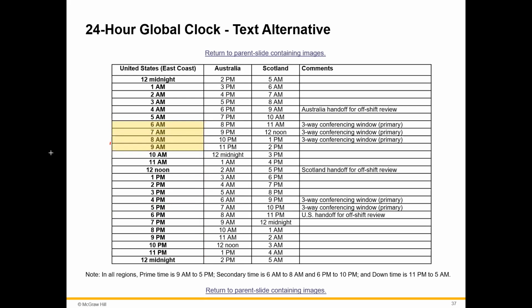Then by 9 o'clock, I would be in my prime time, all the way to 5. I would have to stay at work until 5 o'clock, and then I would leave. Between 5 and 9 o'clock, I would do whatever it is.